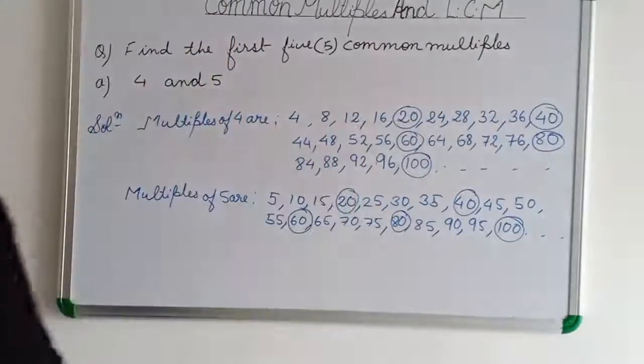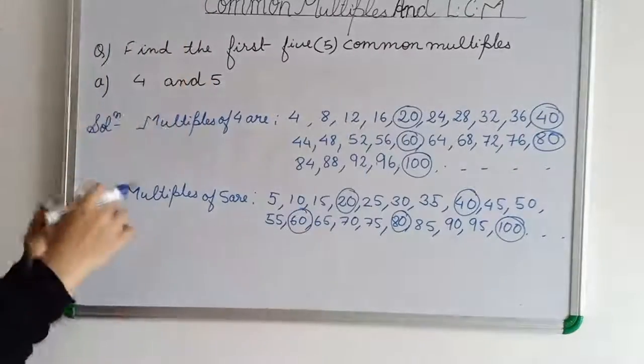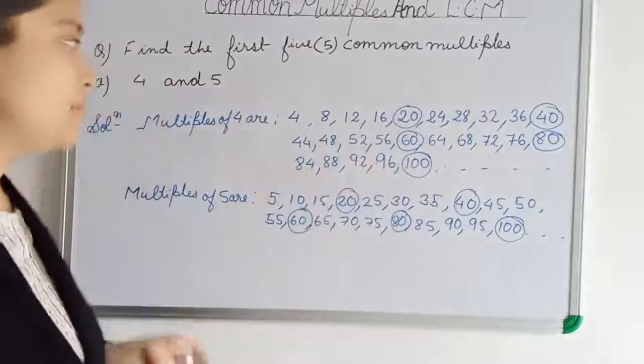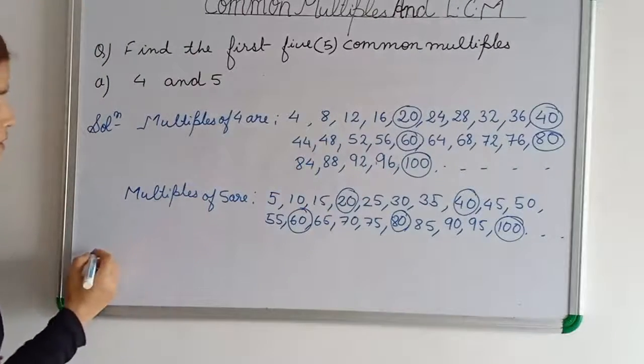Our work is over. No need to multiply further. Otherwise we would have to multiply more if we did not get the first 5 common multiples.